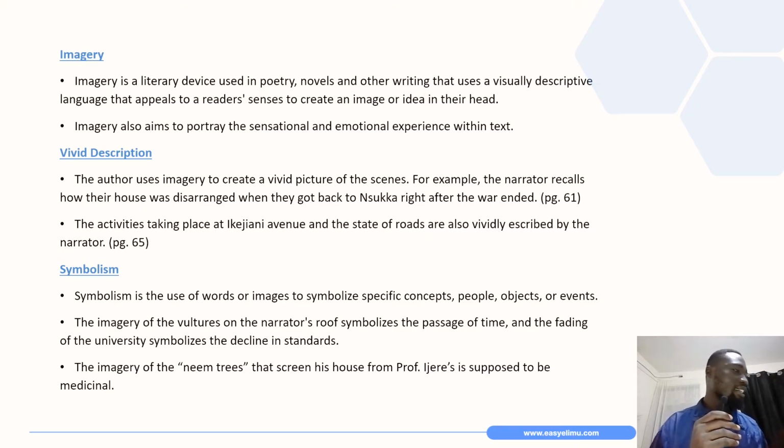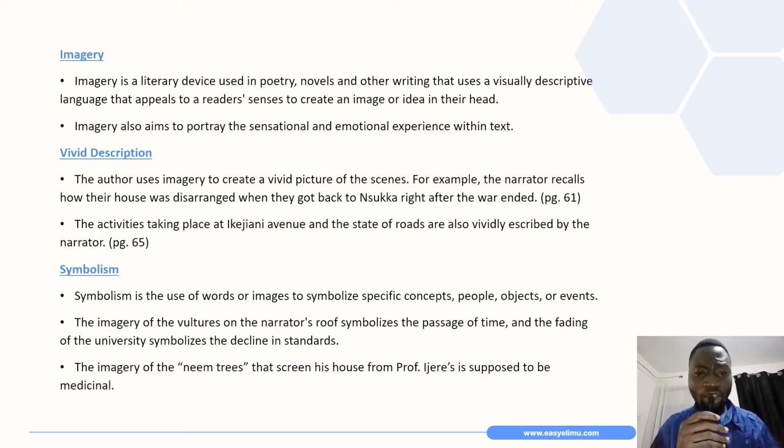He says that sometimes he drops by to visit a friend, and he takes a walk across the faded field of Freedom Square with its border of mango trees, or sometimes along Ikejiani Avenue, where there are motorcycles that speed fast past students. The students are also perched astride, often coming too close to one another as they avoid the potholes. So the scenes that we have in the story are vividly described.